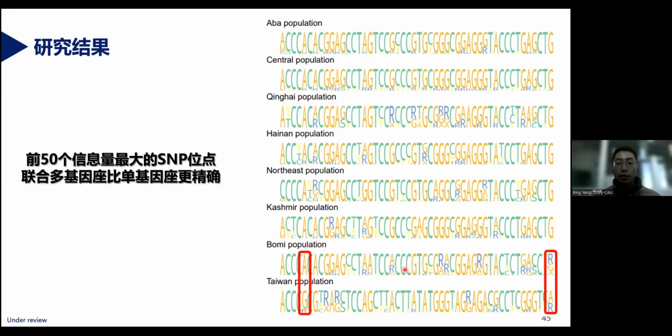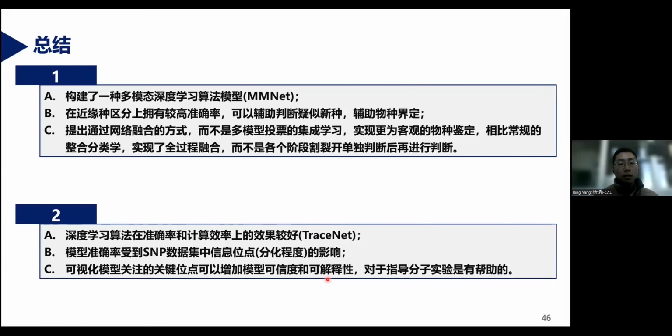These are the visualizations of the top 50 SNP sites of the model. And you can see that other than Bomi and Taiwan populations, this model is leading. So from this graph, combining multiple loci can better distinguish between different populations.